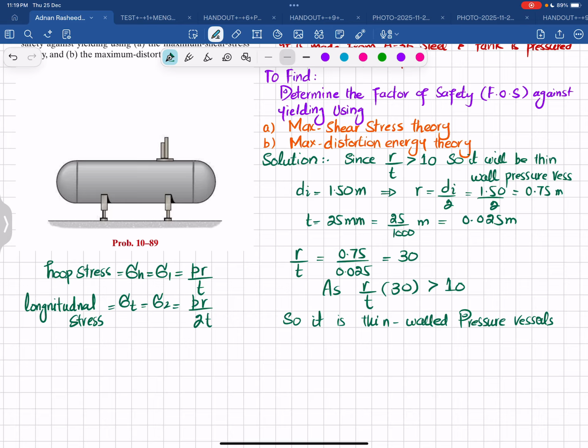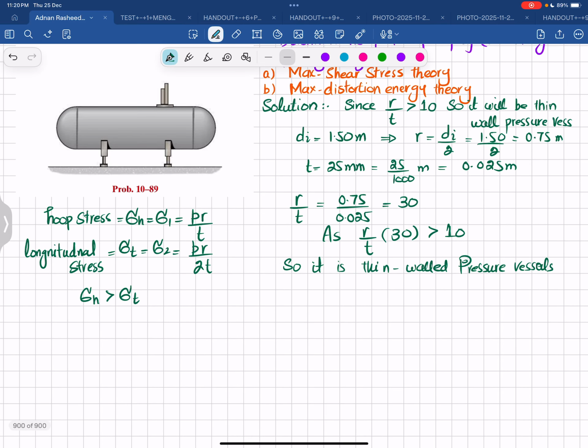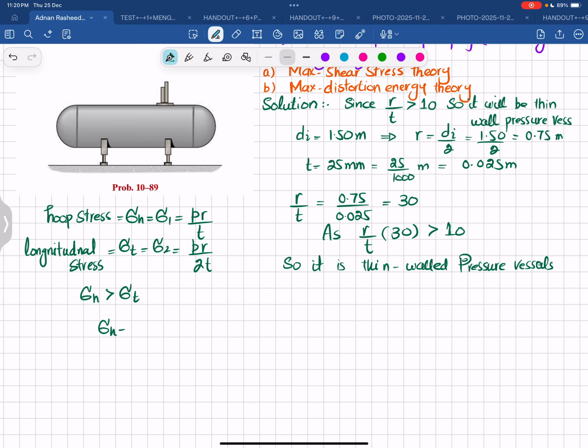And we know that sigma h is greater than sigma T. Why? Because the tangential stress is half of the hoop stress.